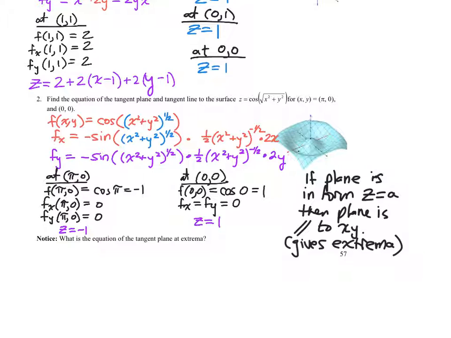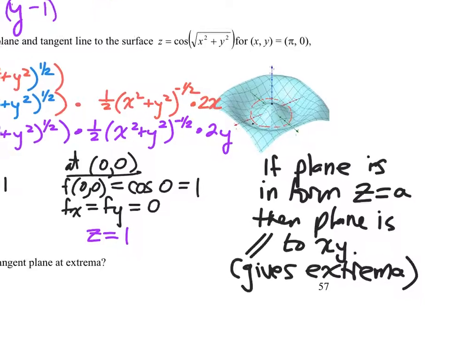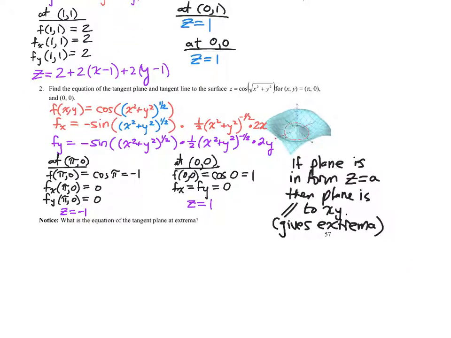At pi, comma 0, which is one of these points along this ring here, it's kind of hard to see, but if I bring it in a little bit, this ring here would be the fold that represents the lowest points along that graph.